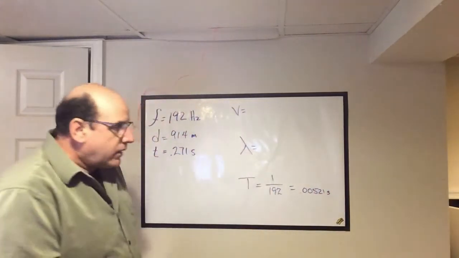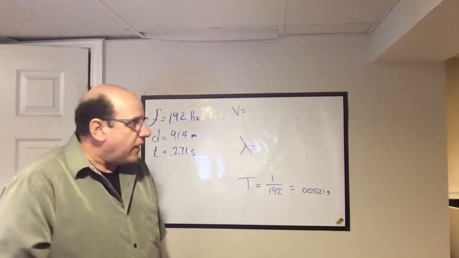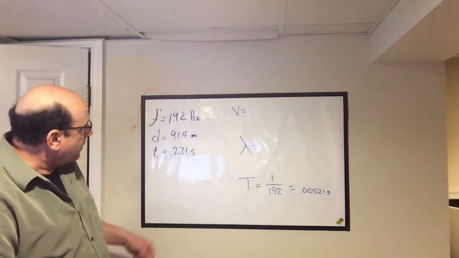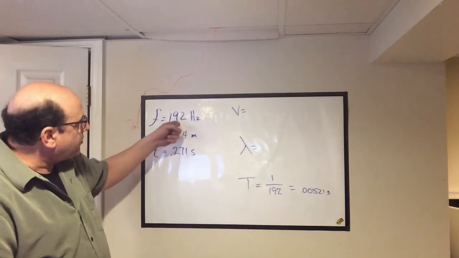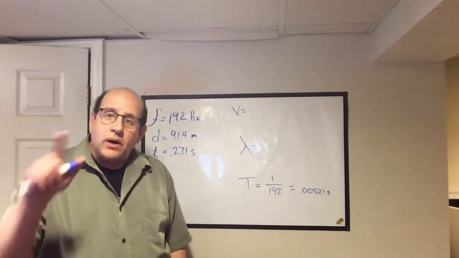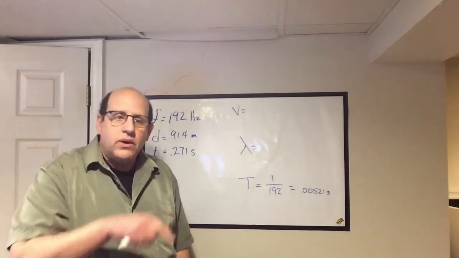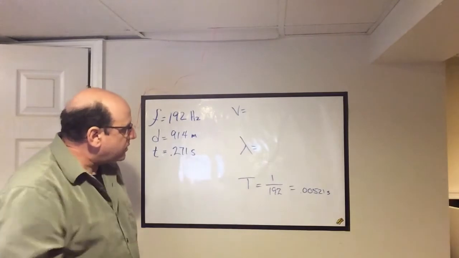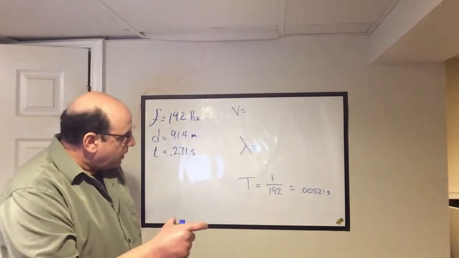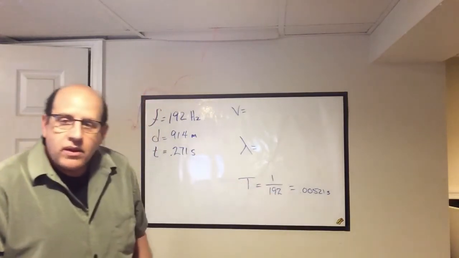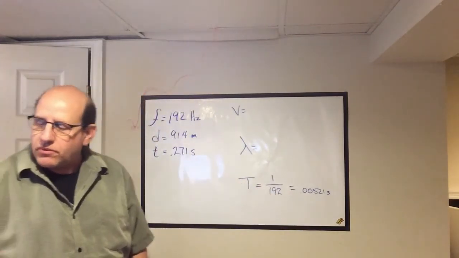So the wave's moving pretty darn fast. What that frequency says is there are 192 waves, back and forth, per second. To complete one whole wave doesn't take that much of a second, and that makes perfect sense.